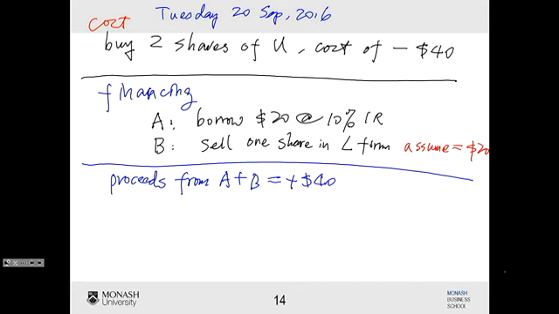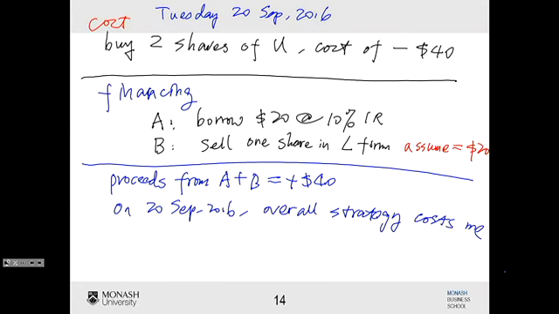And by constructing this, on 20 September, the overall strategy costs me, let's say me, how many dollars? I want an unanimous answer.